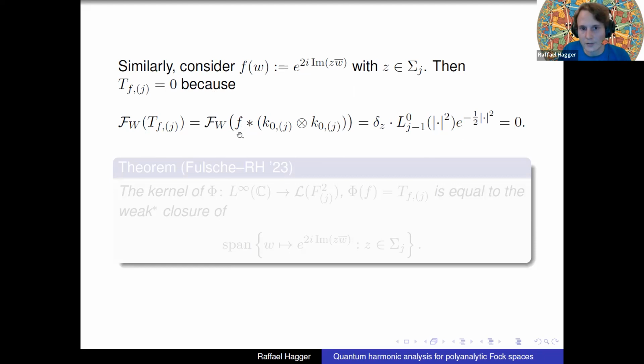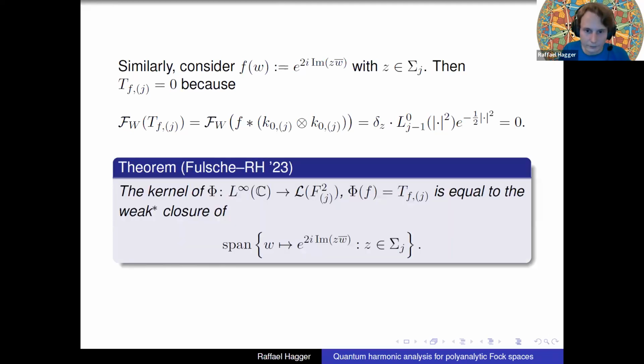We know the Fourier transform of a character is a delta, and then the Fourier transform of this is again this. So if you take z in this zero set, then this again will give you 0. And since this Fourier transform is injective, this means that your Toeplitz operator has to be the zero Toeplitz operator.